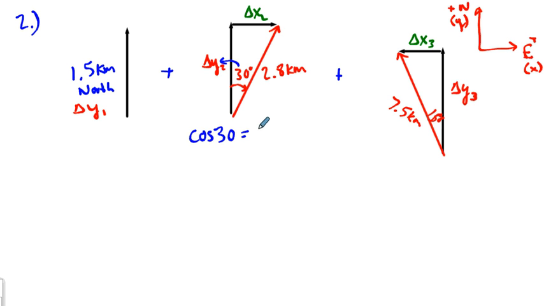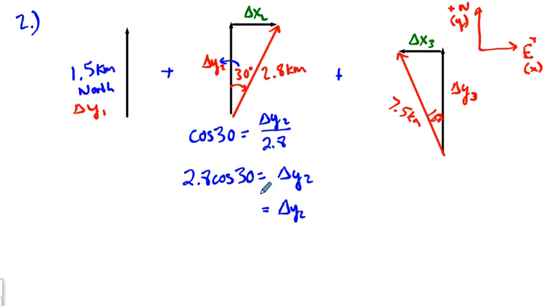So cosine of the angle, 30 degrees, is equal to change in y2 over 2.8. To solve that, you just multiply by 2.8 on both sides, which cancels it out on the right, and just leaves you with 2.8 cosine of 30, which I got 2.4 kilometers, and that is towards the north.